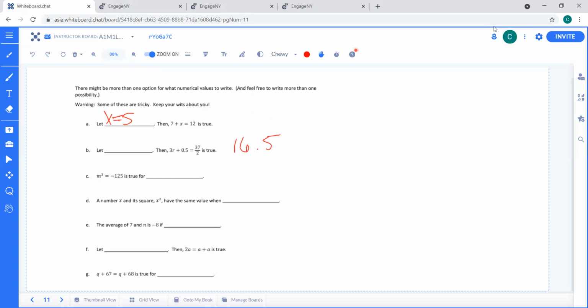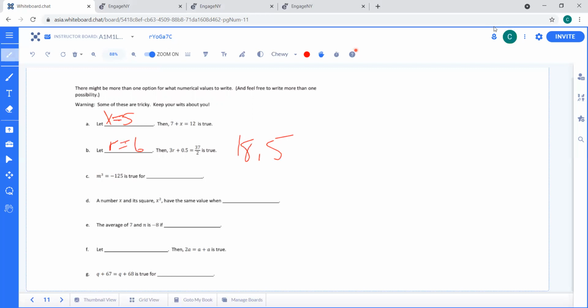So R would have to be, let's see here, 32.5. 32 divided by 37 divided by 2. Okay, that's not correct. 37 divided by 2 is 18.5. So R would have to be 6.